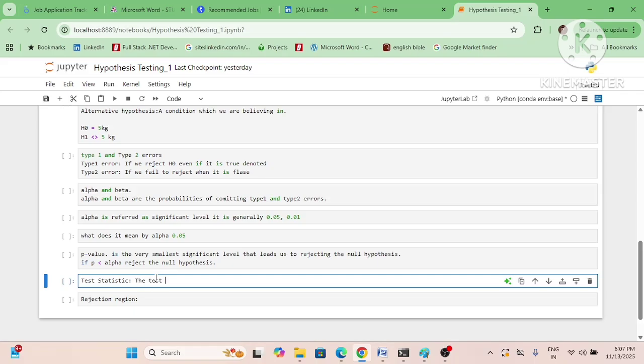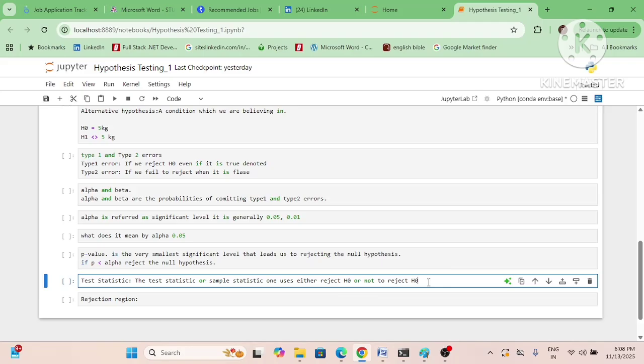The test statistic, or sample statistic, one uses to either reject H naught or not to reject H naught.